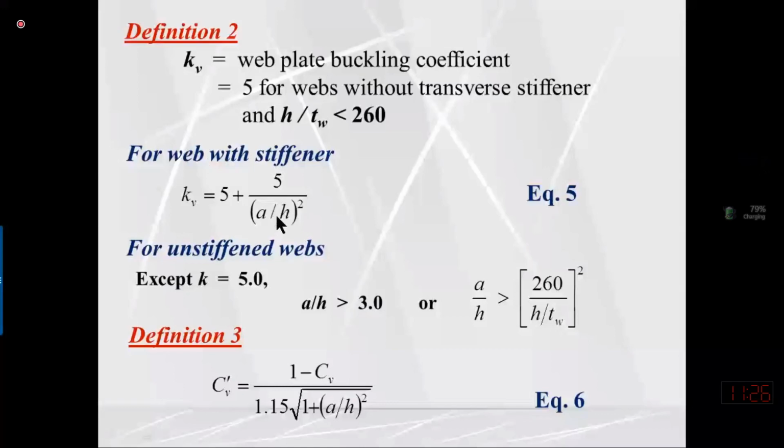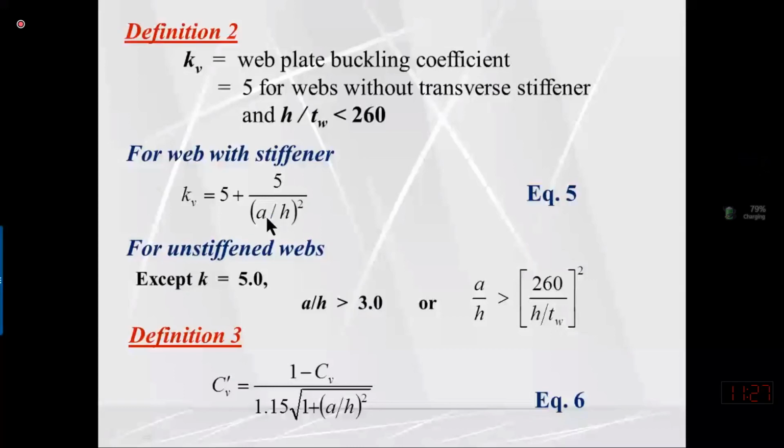So the lesser the spacing, the more will be the KV value. Because if a is larger, we will have a smaller component: 5 divided by a larger value will give a lesser answer. So KV value is a function of spacing of stiffeners. a is the spacing of stiffeners.